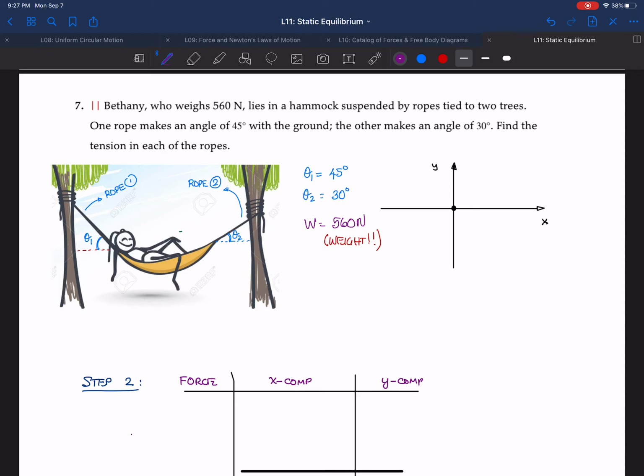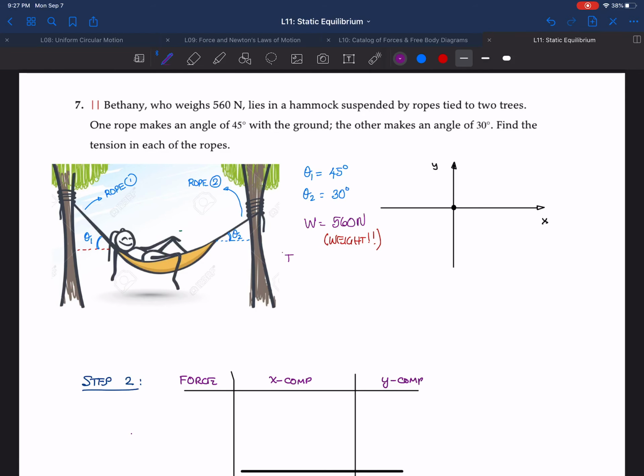Let's label. I'm going to call T1 the tension in the left rope, and T2 is the tension in the right rope.